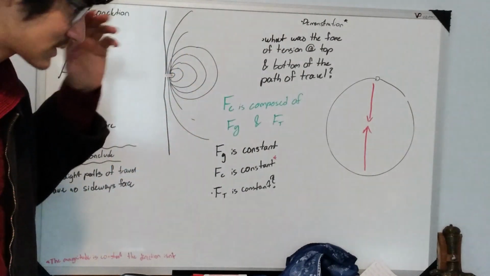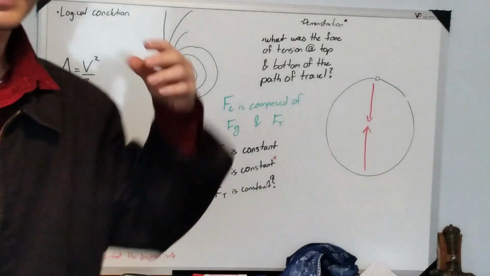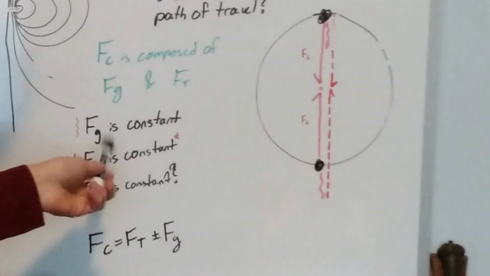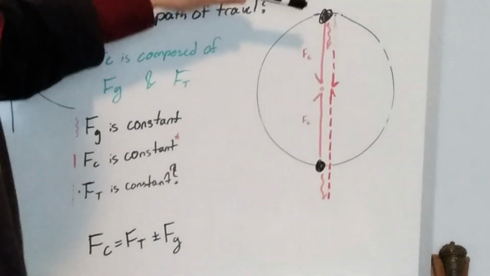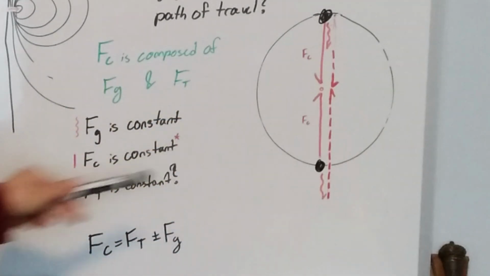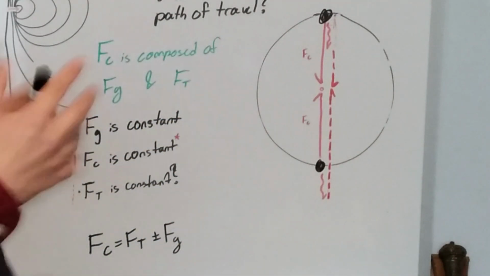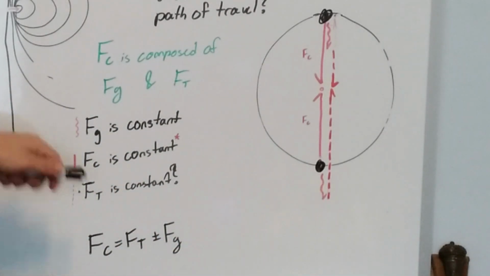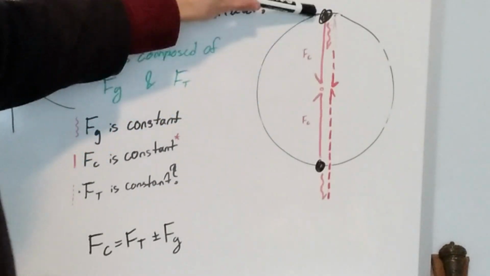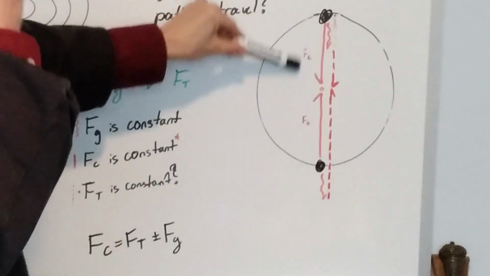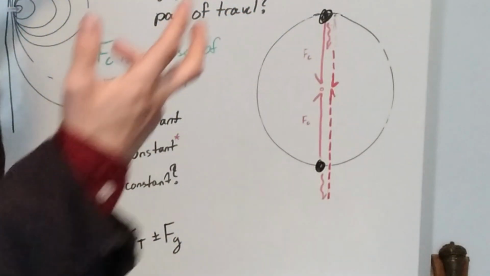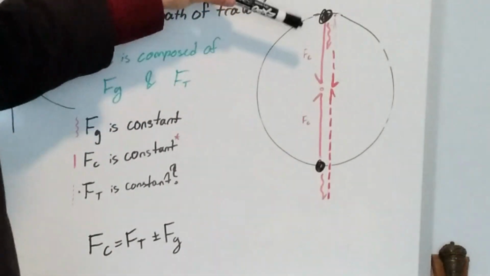So how can we find the force of tension at the top and the bottom of the path of travel? Alright, so the force of gravity, which is represented by a squiggly line, and the force of tension, which is represented by a dashed line, must be equal to the centrifugal force, right? Well, look at this. Here, to match the centrifugal force, the squiggly constant force of gravity works alongside the dashed force of tension.